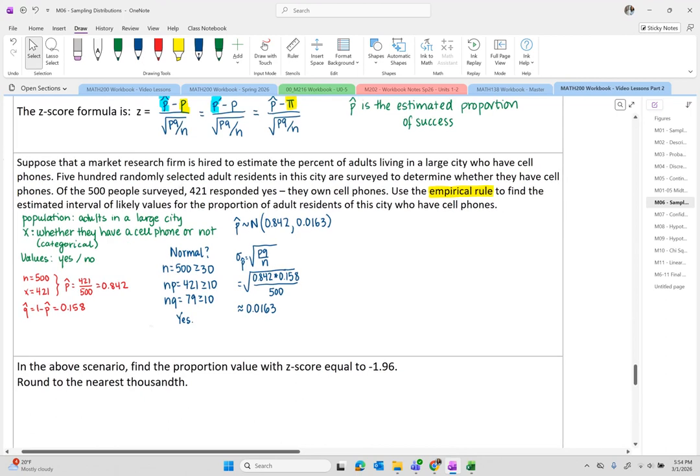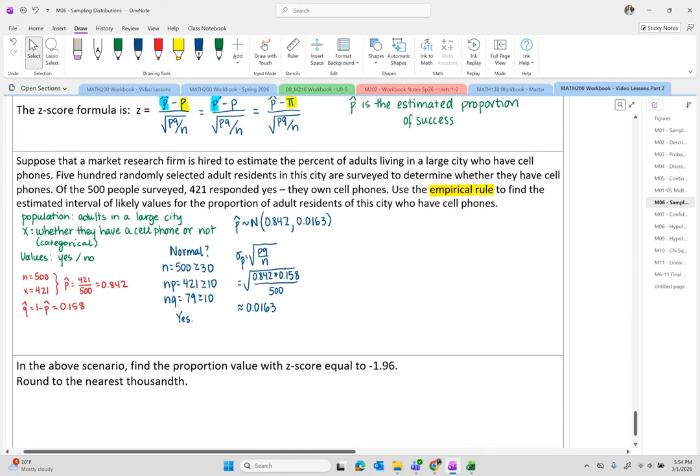So P hat is 84.2% and the standard deviation is 1.63% approximately.